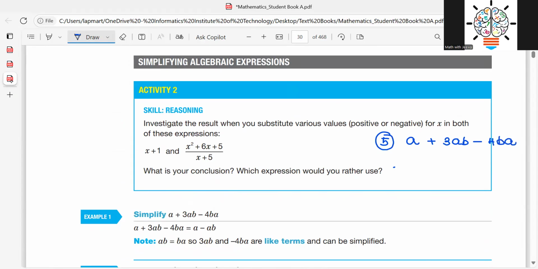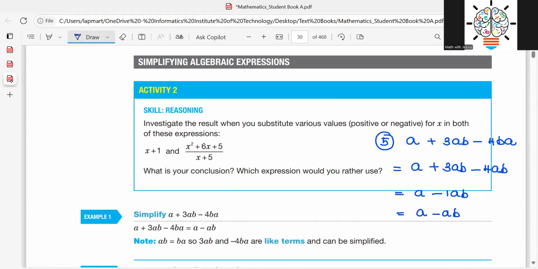I told you, when you have something like this, a plus 3ab minus 4ab, the a you have to write as it is, and plus 3 minus 4, the answer will be minus 1ab. Normally we don't write the 1, so a minus ab. You can write the answer like this.